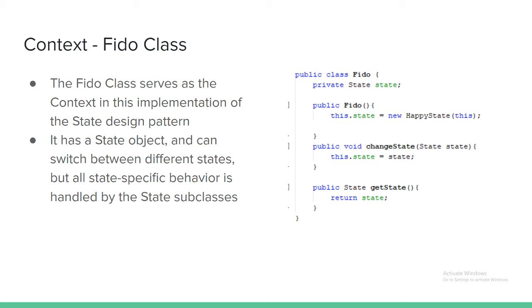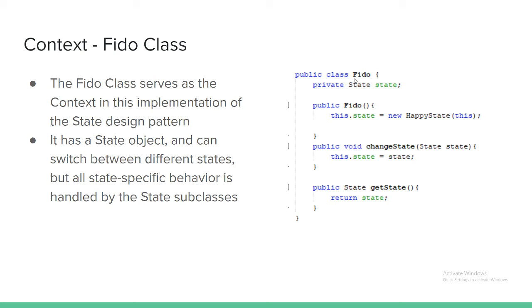So we have the context, which in this case is the Fido class. The Fido class serves as the context in this implementation. As I said, it has a state object and can switch between different states, but all state-specific behavior is handled by the state subclasses.